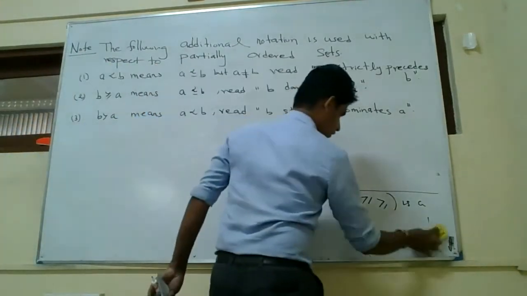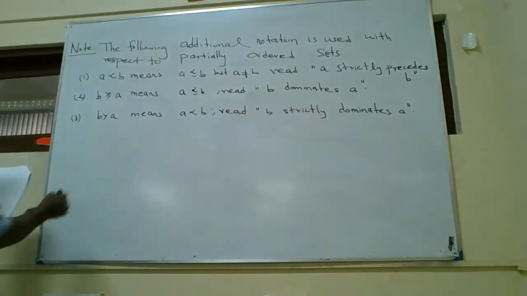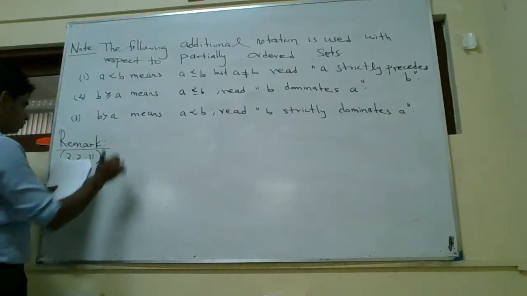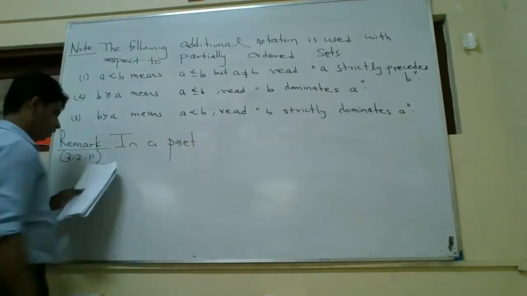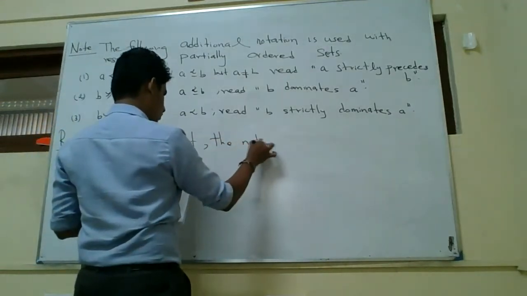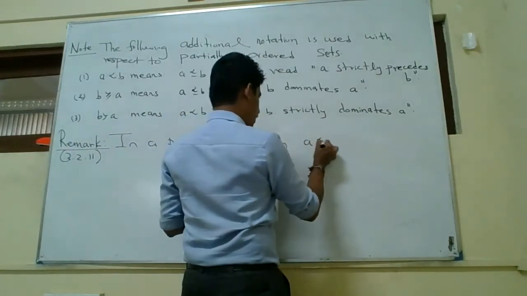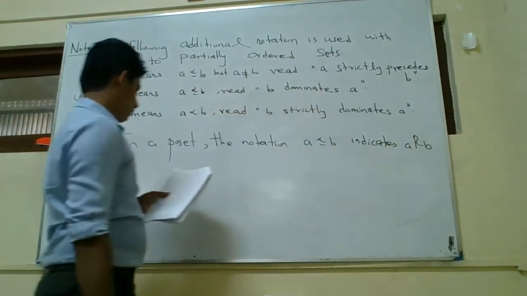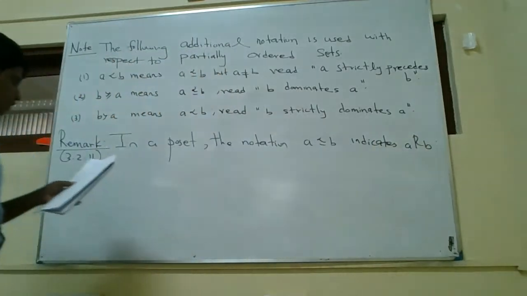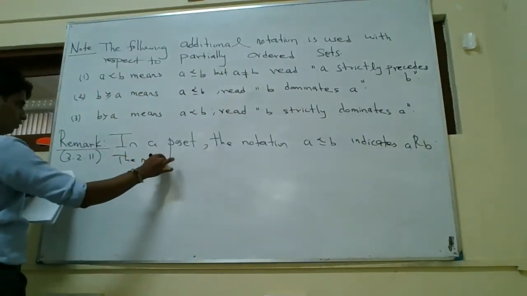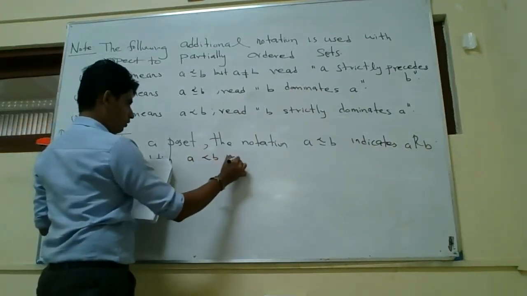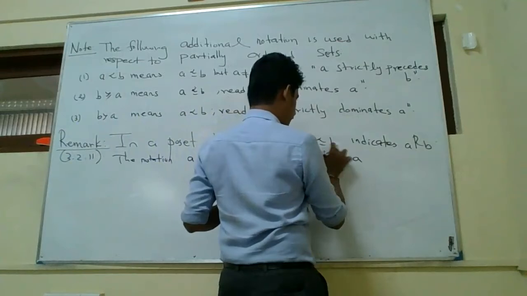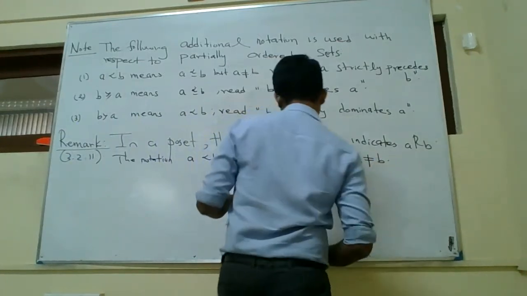Next, remark 3.2.11: in a poset, the notation A precedes B indicates A is related to B. A strictly precedes B means A precedes B, but in this case A is not equal to B.